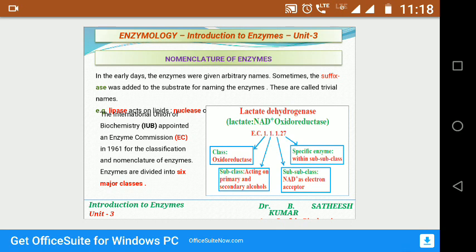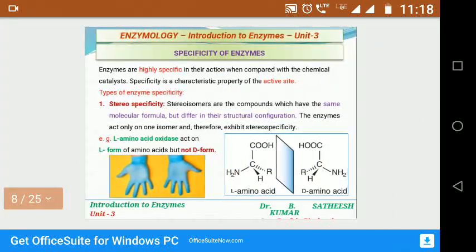And the fourth and last number is given for one particular enzyme. Each enzyme will have a specific number. That specific number is the fourth digit. So this is about the classification and nomenclature process.